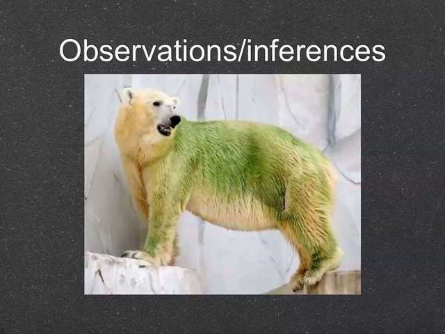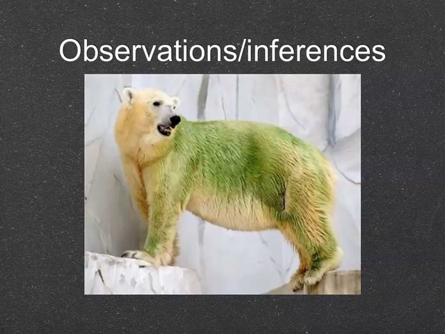Okay. Chloe, what's your observation? He doesn't look happy. What's your inference? People are painting him green. Okay. Bradley? Maybe he has a disease.